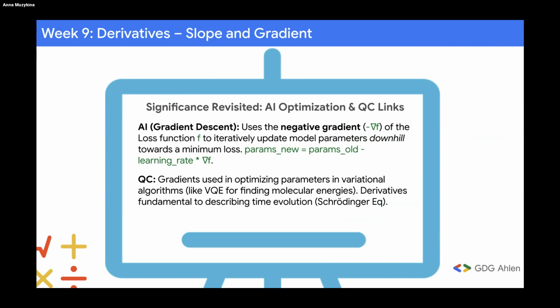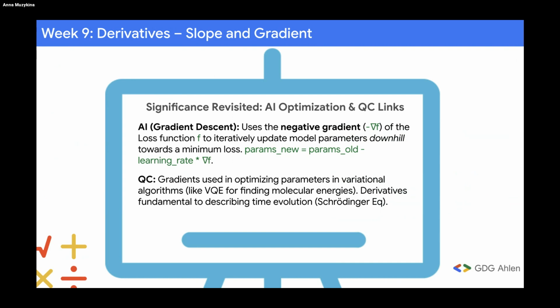At each step, it calculates the gradient, nabla f or grad f, of the loss function with respect to the model parameters. This use of the gradient is the absolute core of how most deep learning models are trained.